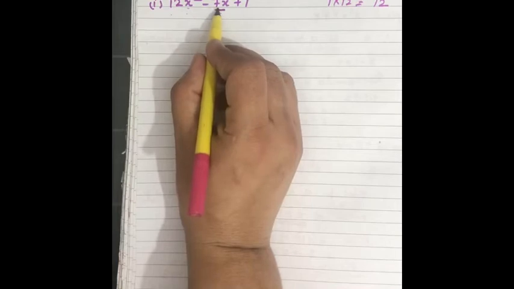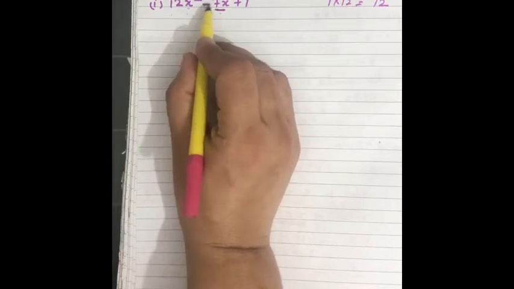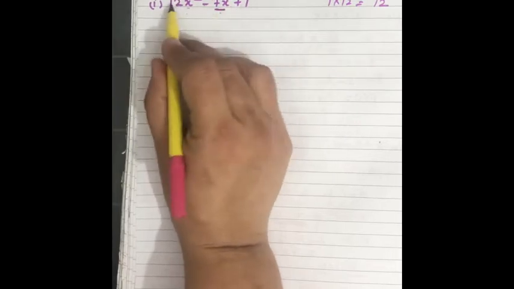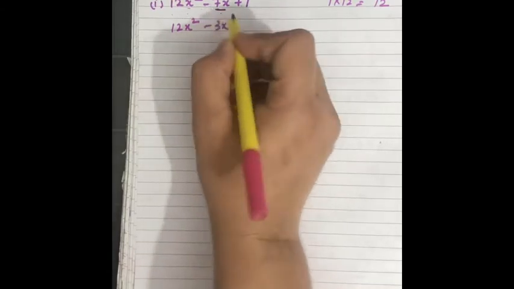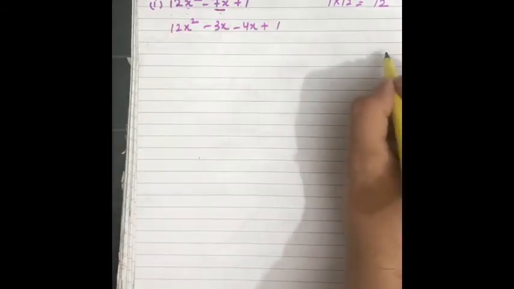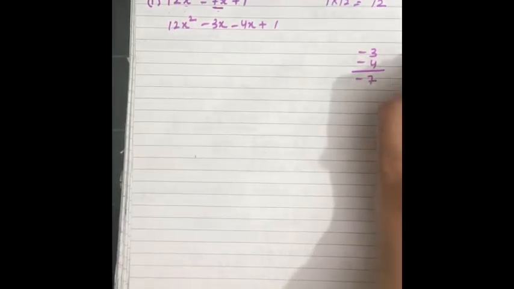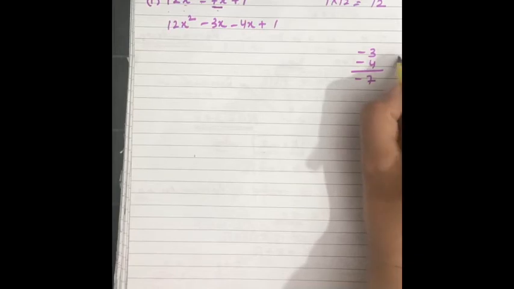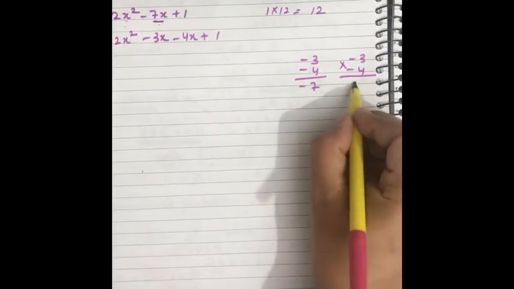We have to split in such a way that addition should be minus 7 and multiplication should be plus 12. So we can split like this way: minus 3x minus 4x plus 1. When I add minus 3 and minus 4, it is minus 7. When I multiply these two, it is equal to 12.